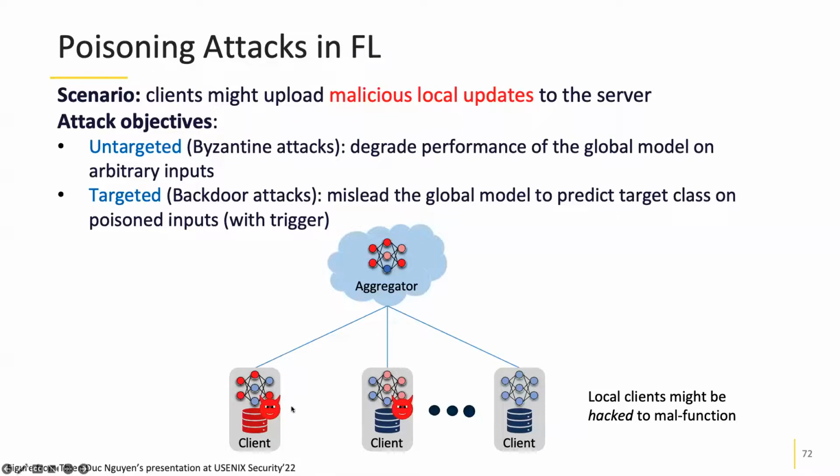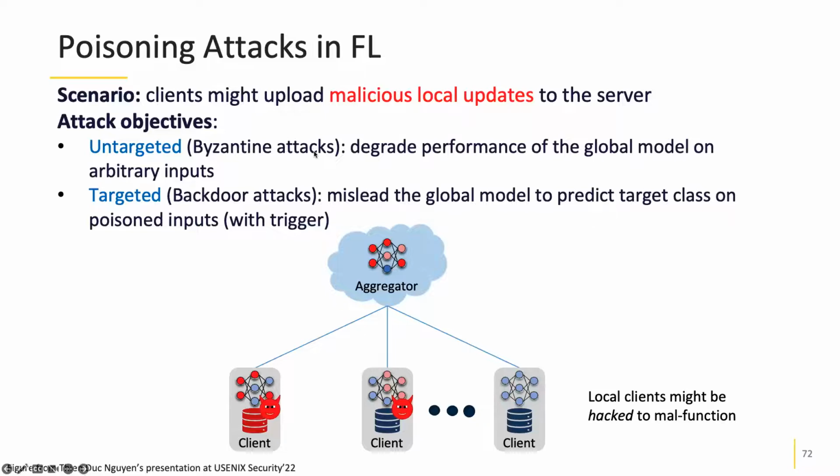For example, a malicious client can upload adversarial local updates, as can be seen by the first client here. He manipulates the neurons such that after uploading the adversarial local updates, the global model on the server side is also diverted.